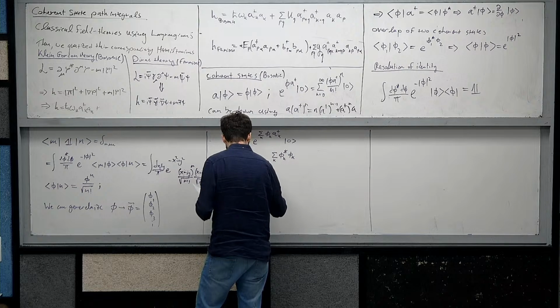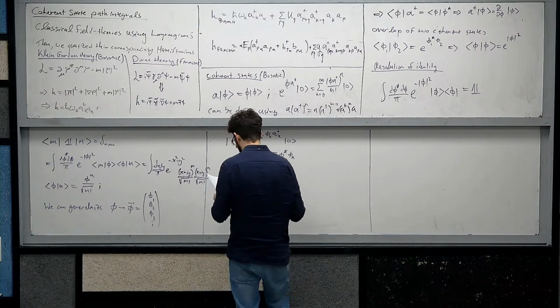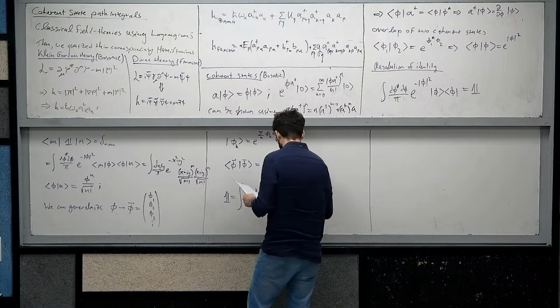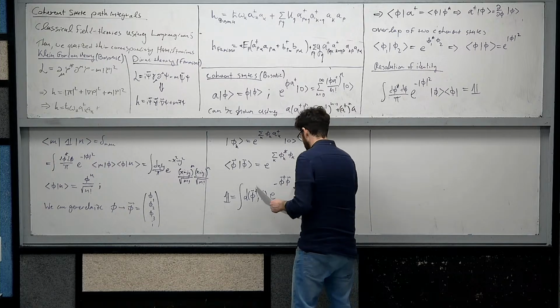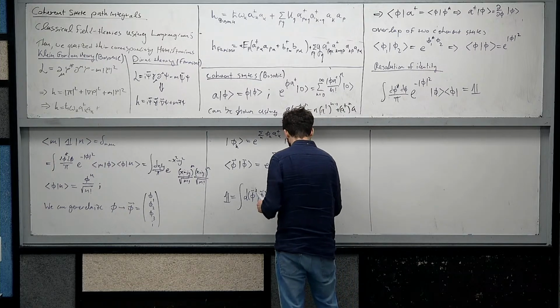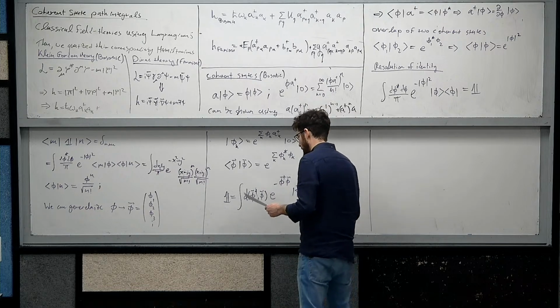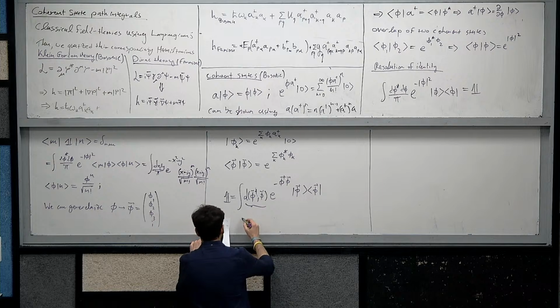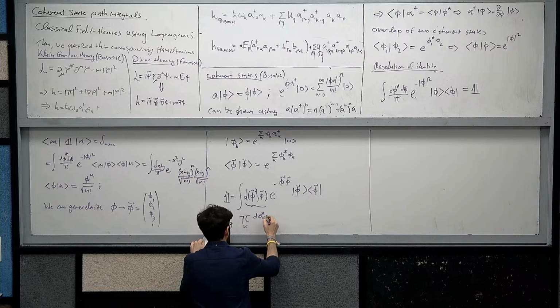Okay, maybe I'll write phi dagger like that. Then I have e to the minus phi dagger phi, and this measure, for bosons, is a product over all these k's of d phi star k, d phi k over pi.